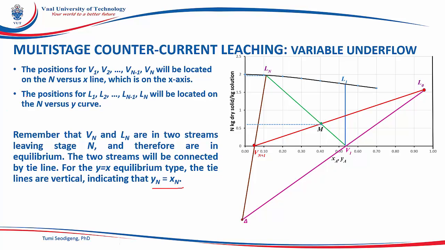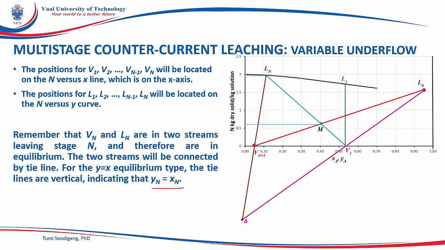Then the positions of L1, L2, Ln minus 1, Ln will be located on the n versus y curve, which is this equilibrium line here of n versus y. Remember furthermore that Vn and Ln are the 2 streams leaving stage n, and therefore they are in equilibrium.